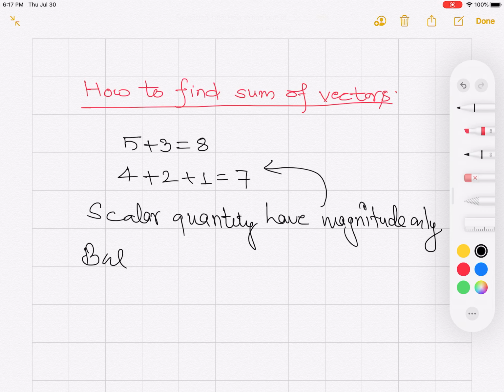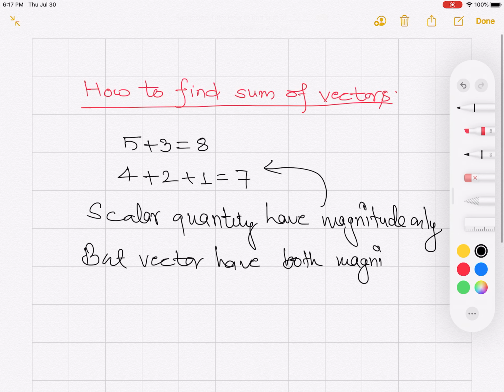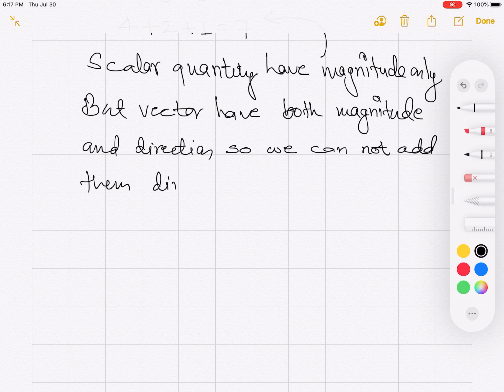But vector has both magnitude and direction, so we cannot add them directly.